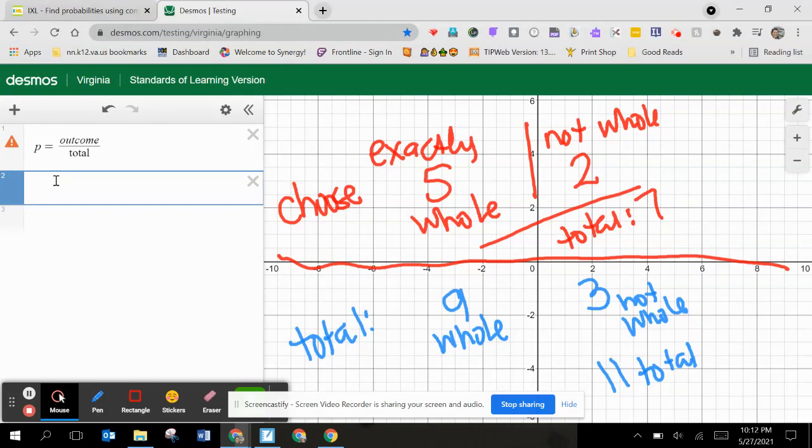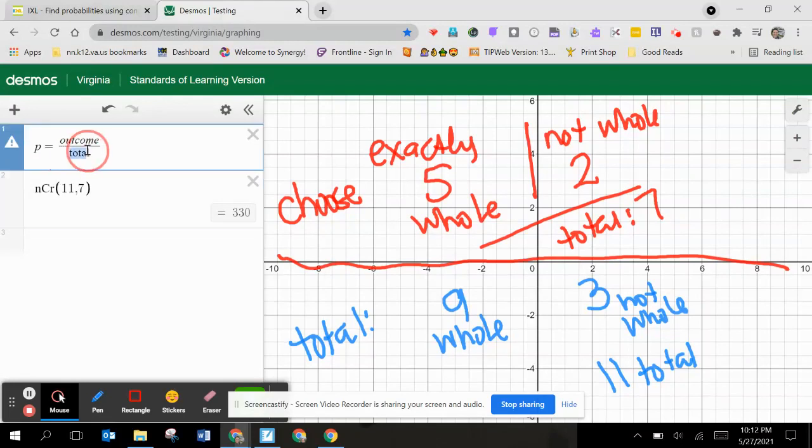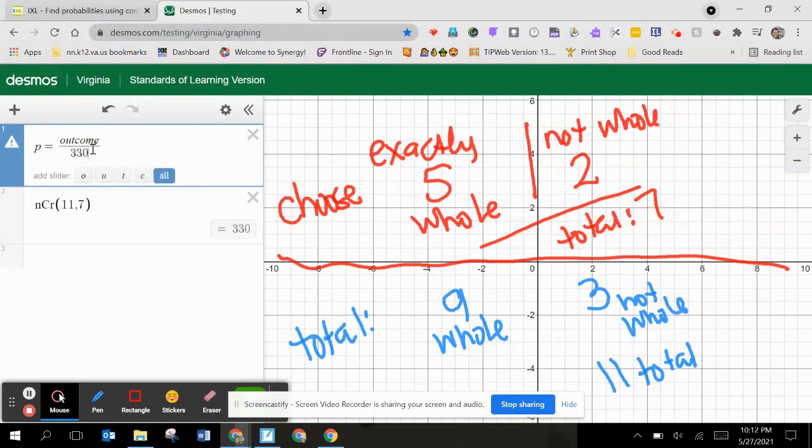Your total number of combinations of milk cartons that you could open is going to be 11, and I'm choosing 7, right? 11 total milk cartons in my fridge. 7 of them are the ones I'm opening. So there are actually 330 ways total that you could open these milk cartons.